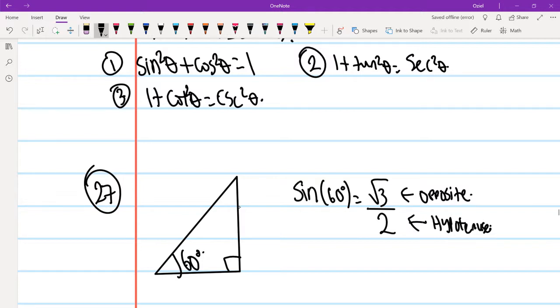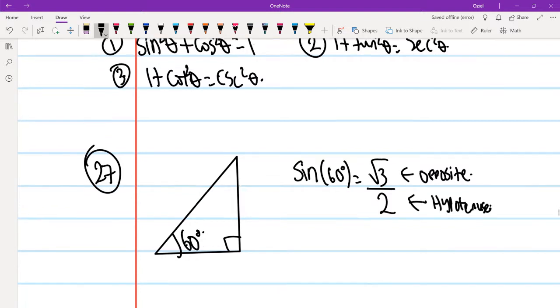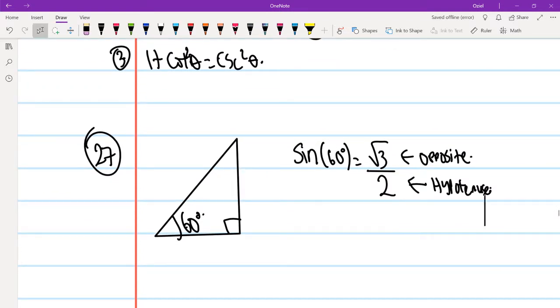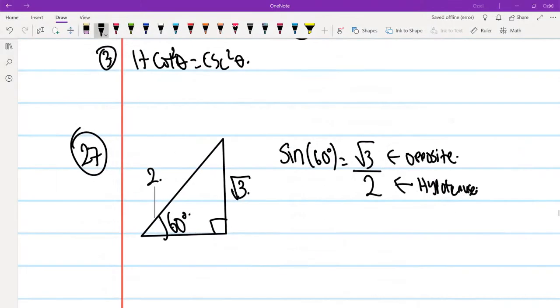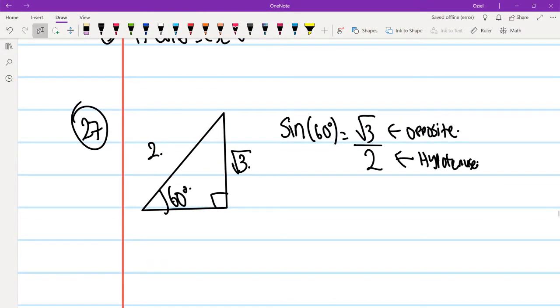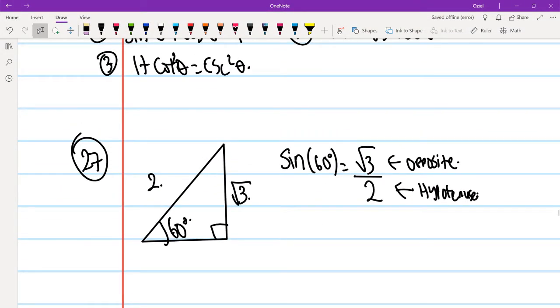So basically, we can say that this is going to be the square root of 3, and this is going to be 2. And it's asking us to find... oh yeah, and it also says that cosine of 60 degrees is 1 over 2.